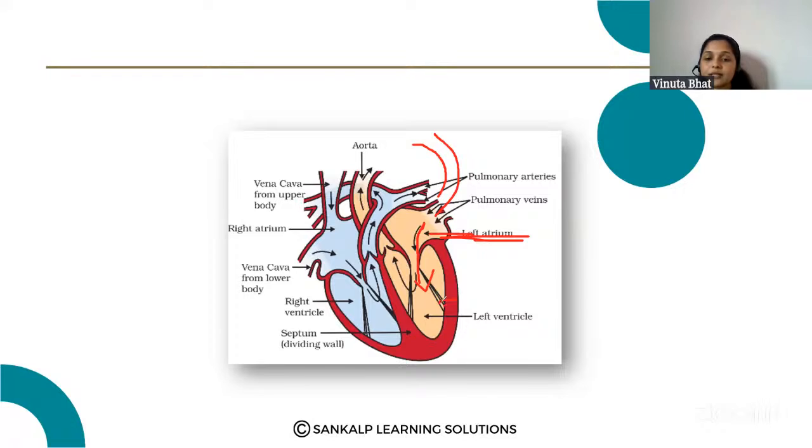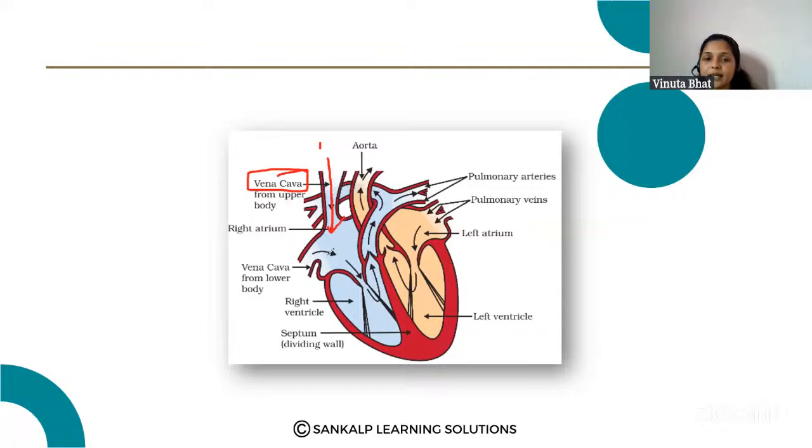Then when the left ventricle contracts, the blood moves to the aorta, to all the parts of the body. So this is how the oxygenated blood is transported in the heart, and deoxygenated blood is collected by the vena cava from all the parts of the body, which is then released into the right atrium.